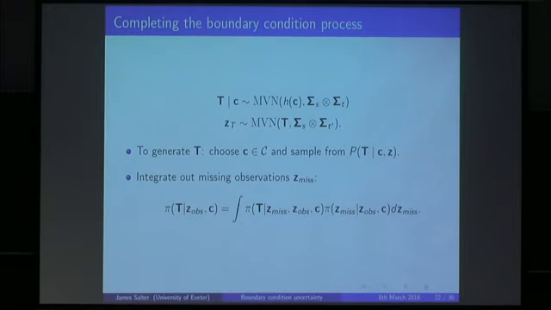Due to the dimensionality and the missing observations, we can't do this directly. So we have to condition on these, and we can basically write it like that, and then sample from this numerically. And that gives us a boundary condition T.